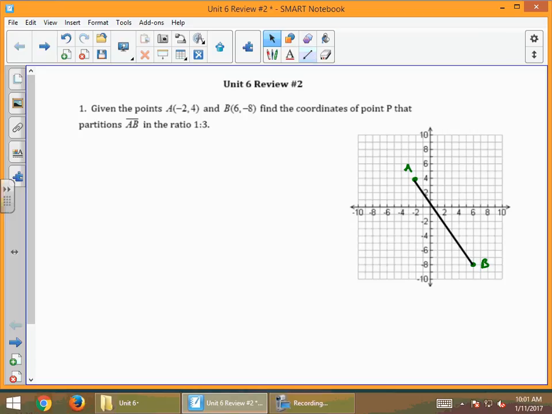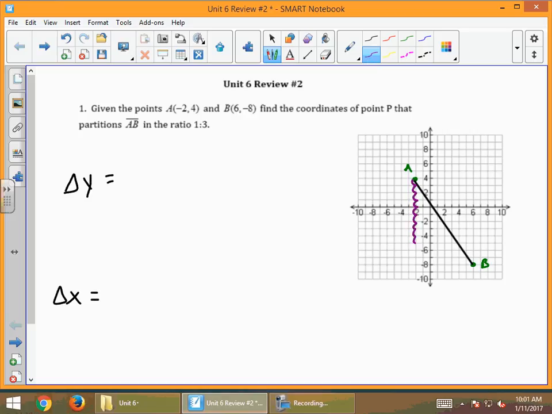So now what you want to do is find your change in y and your change in x. To find your change in y, you just count. How far do we go?